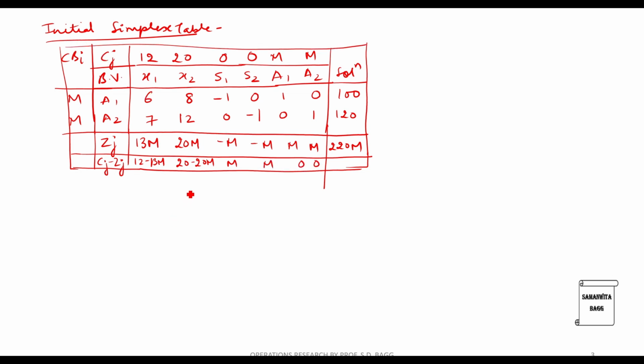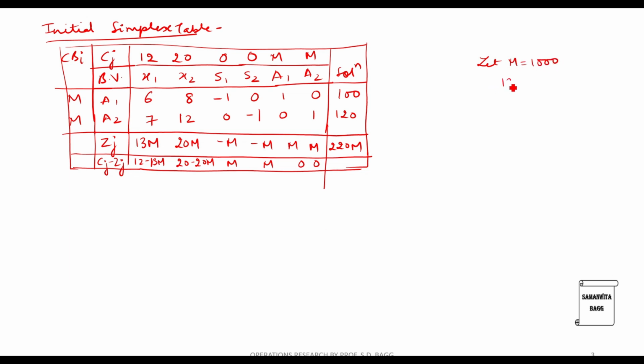Now we will have to solve for minimization. So all these values should be greater than equal to 0. So we will have to figure out the number which is causing the solution to become negative and not becoming greater than equal to 0. So amongst these two you will have to find. Now let me assume, this is a rough work that I am doing, M is equal to 1000.